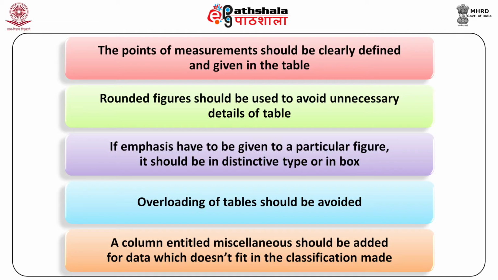The points of measurement or reference should be clearly defined in the table. Rounded figures should be used to avoid unnecessary details. If emphasis has to be given to a particular figure or data, it should be in distinctive type or in a box. Overloading of tables should be avoided. A column entitled miscellaneous should be added for data which does not fit in the classification done.